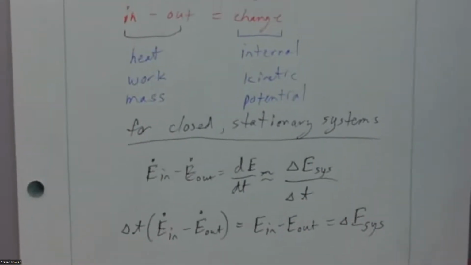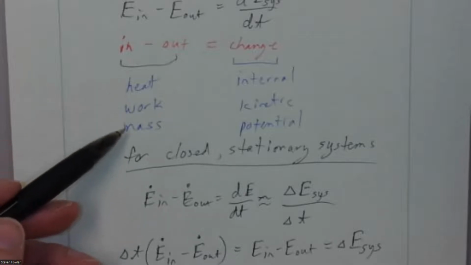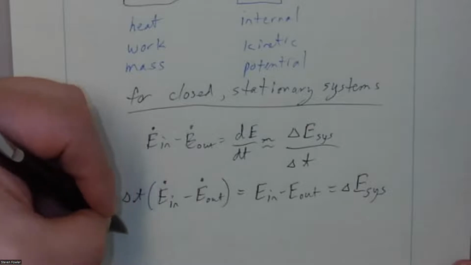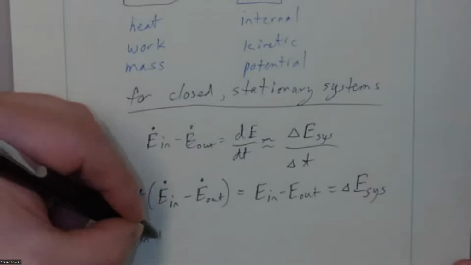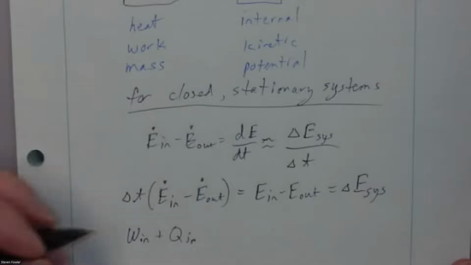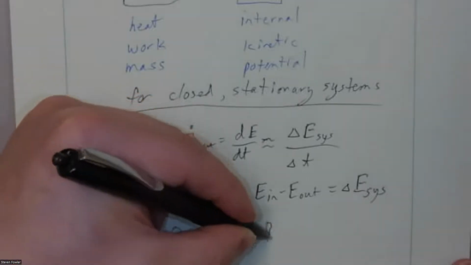And again, we've said the three types of energy that can come in or out are going to be heat, work, and mass. And because it's a closed system, there's no mass. So the only types of energy that can come in or out are going to be work and heat. So we're going to add those coming in, subtract the work out, subtract the heat out.